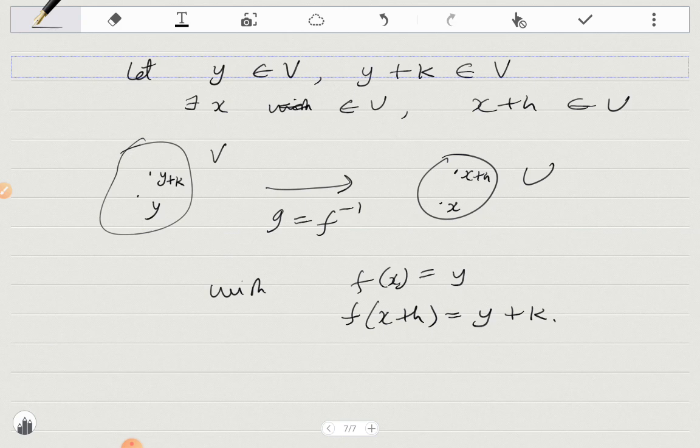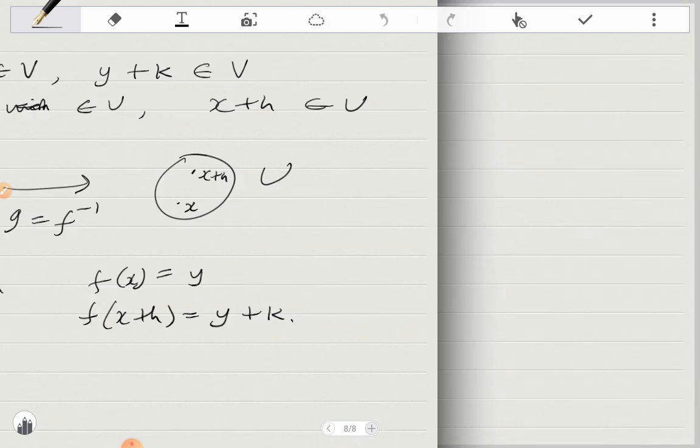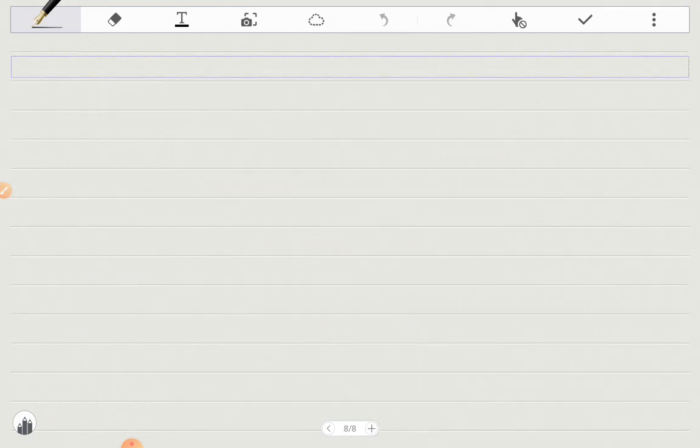So this was just the setup for working with the definition of the derivative of F inverse.